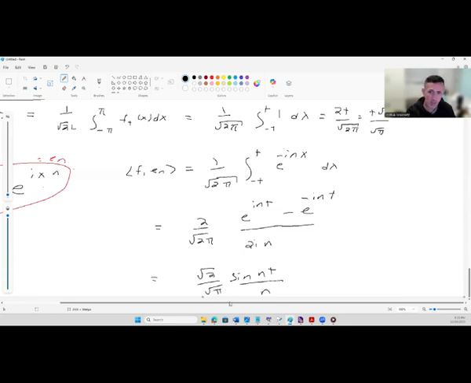Right, root 2 sine n t over n. This here, without the n here, this equals sine n.